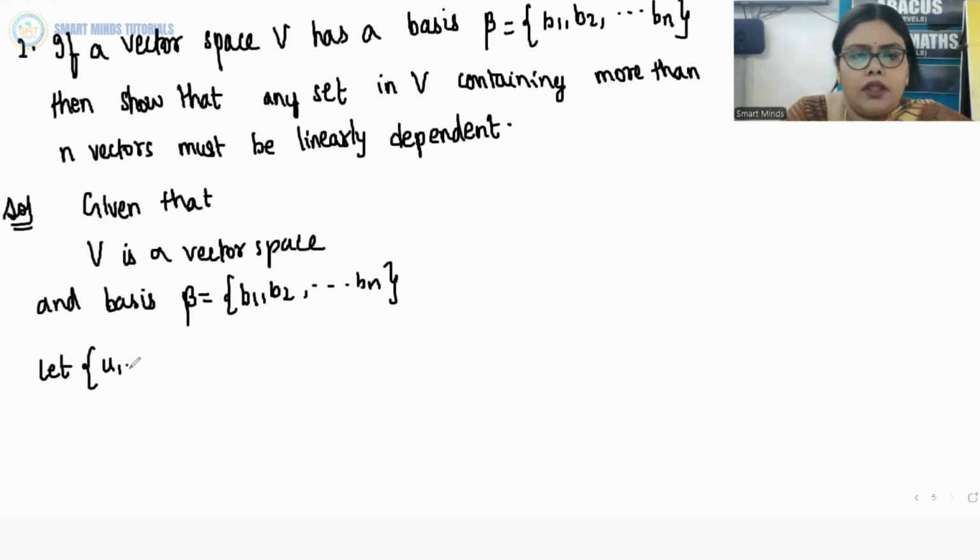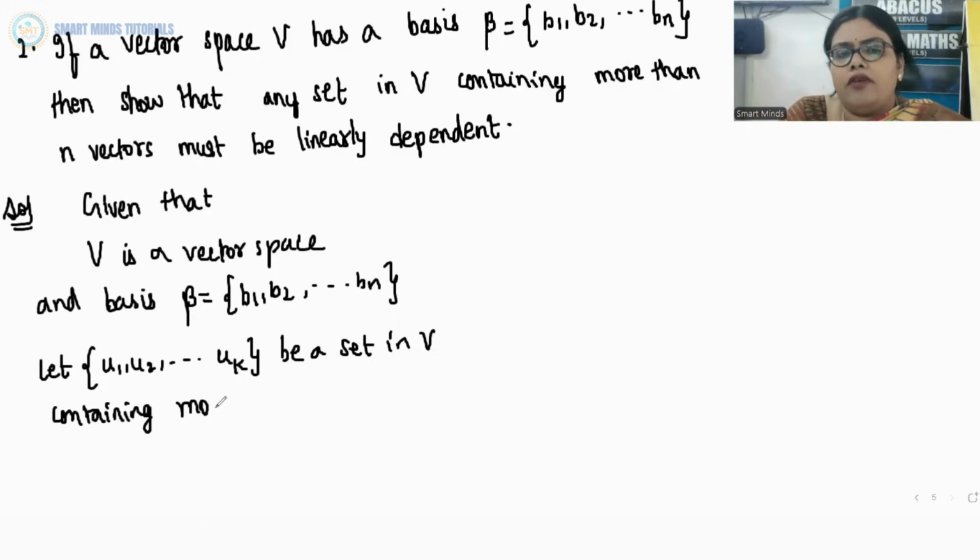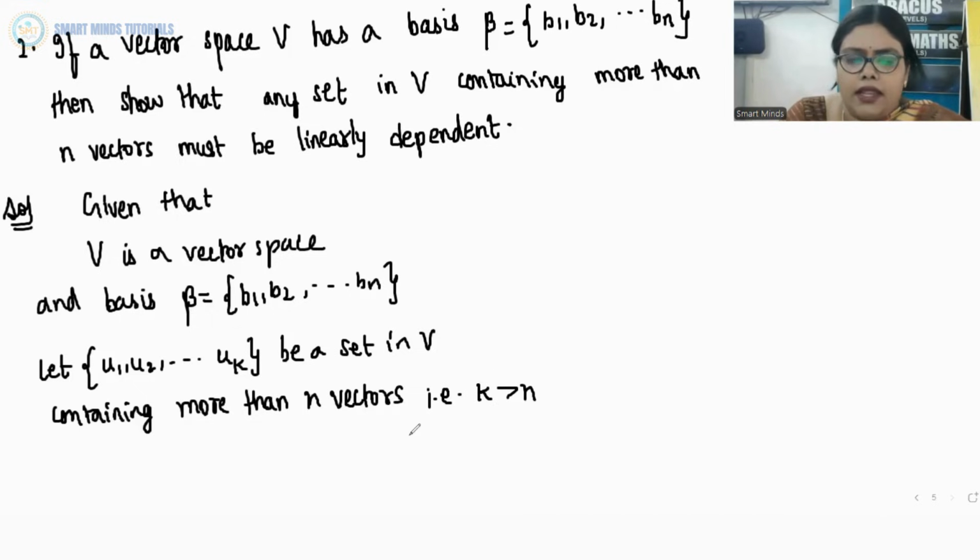Let U1, U2, so on up to UK be a set in V containing more than n vectors. Here the last element is K, which means K is greater than n. That is, K is greater than n.